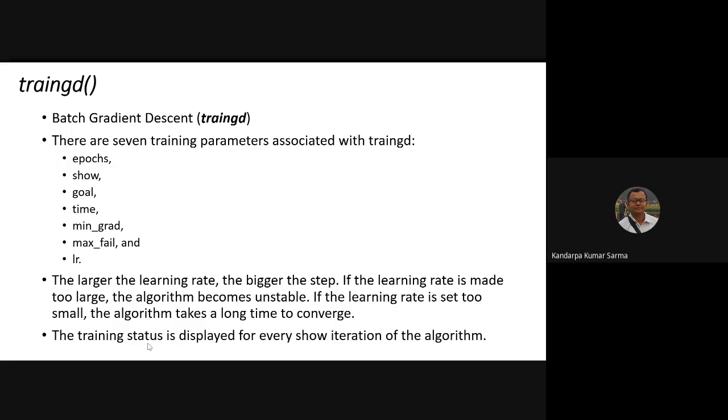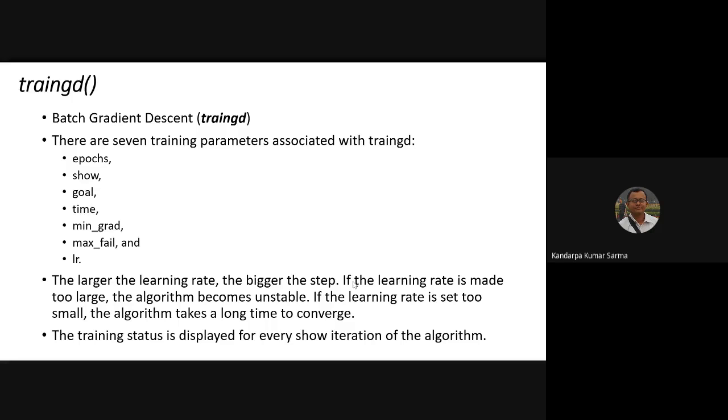Now, we have last time spoken about the two broad classes of training that we see in the case of neural networks. One is the batch training, and next is the sequential training. Batch training is the more common form of training, and the most rudimentary form of it is the batch gradient descent, that is called the train GD.